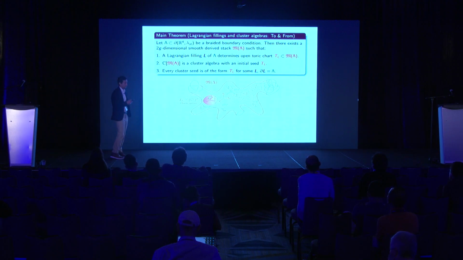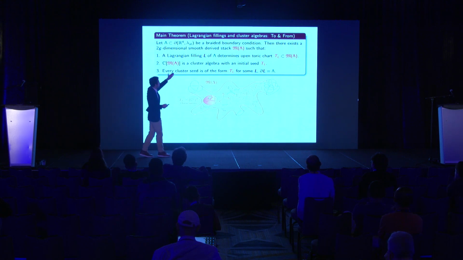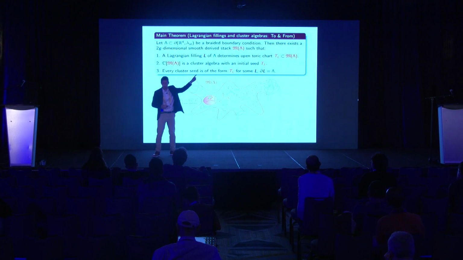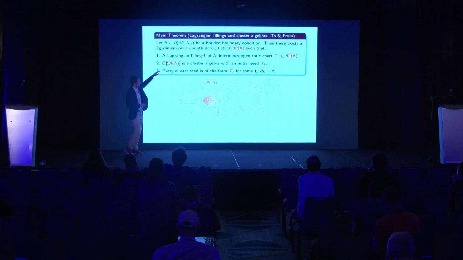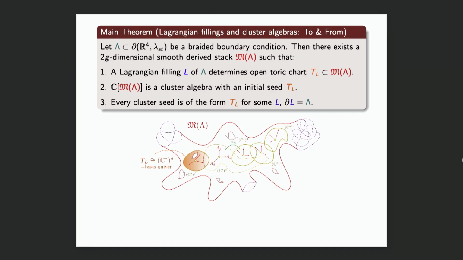And the first thing that the theorem says is you can come out with a way of specifying that moduli. There is a space that will act as our putative moduli of Lagrangian fillings. It's not officially a moduli yet, but there is a space M lambda, that's the one I draw there in red, that has the following properties. Number one, a Lagrangian filling gives you an open toric chart. So in here, I draw for you M lambda. And for a moduli, you would say a Lagrangian filling gives you a point.